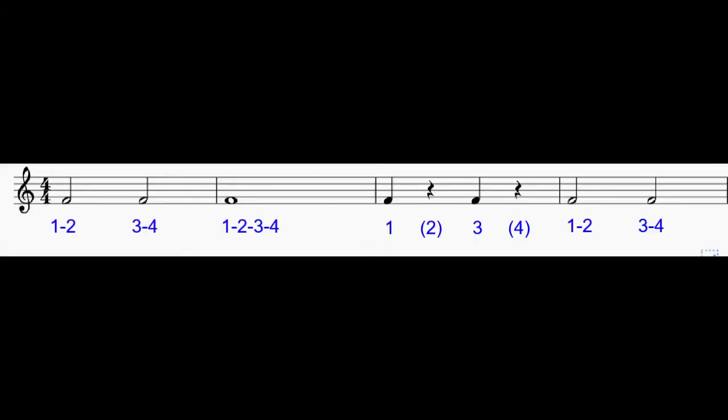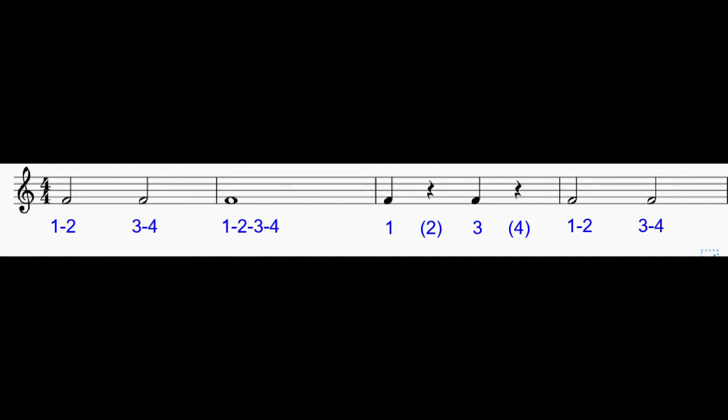So you can see the 1-2 for those half notes because you're holding down the key if you were playing piano. Or if you're clapping, I want you to clap on beat 1 and then continue on moving your hand forward on 2. Okay, so it should be clap forward. Same for that whole note. 1, 2, 3, 4.